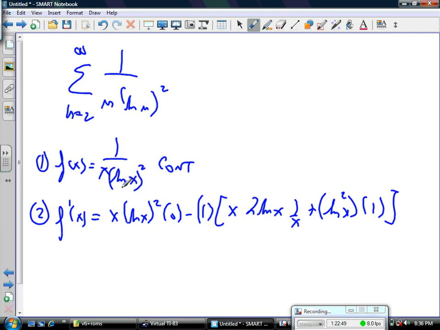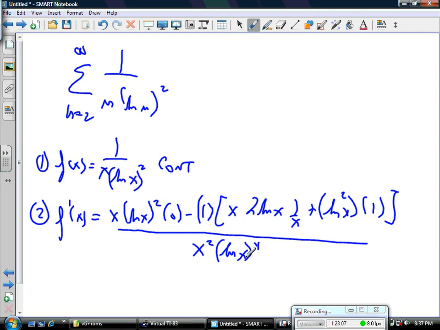U squared gives you 2u du. If u is ln x, du is 1 over x. Plus the second, ln squared, times the derivative of the first, and the derivative of x is 1. All over low, which would be x squared ln x to the 4th.